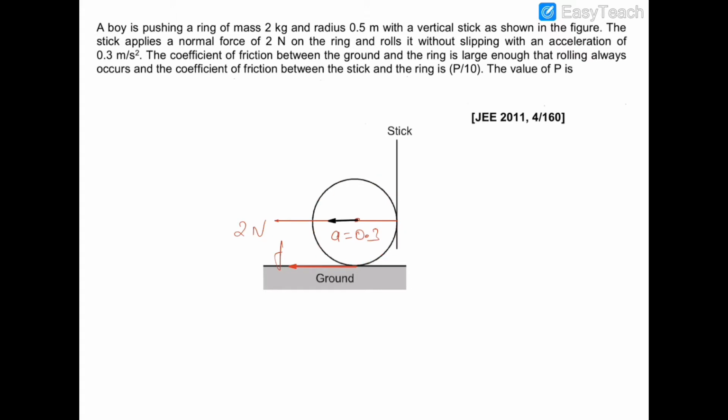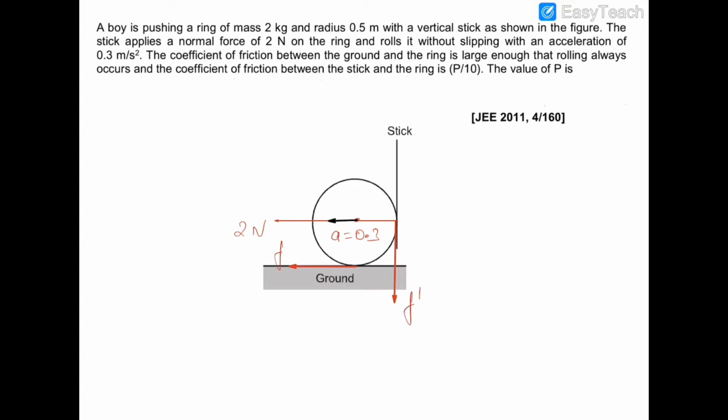So it would be dragging this stick in the upward direction. So the friction applied by this ring on the stick is in upward direction, and the friction applied by this stick on the ring would be in the downward direction. So as we are writing the forces acting on the ring, the friction acting on this ring would be in the downward direction, and let's suppose it is F dash.